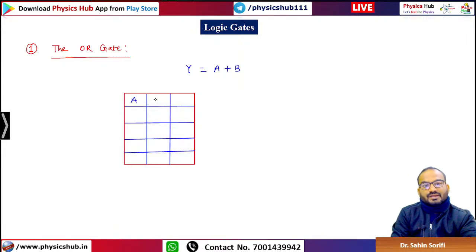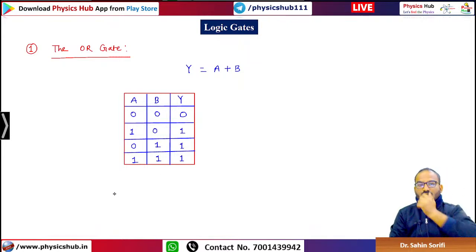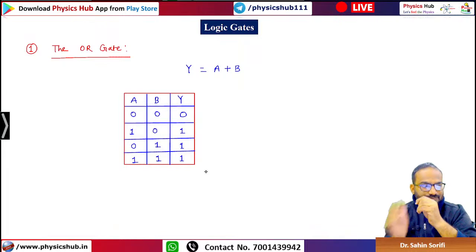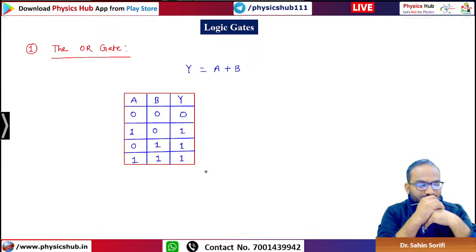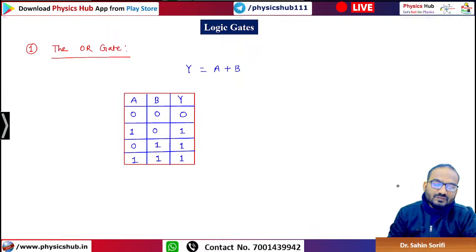Let's say we are giving A and B. If any of the inputs is high, then the output will be high. 0, 0, all the inputs are low, so the output will be low. Yeah, this is a simple OR gate.